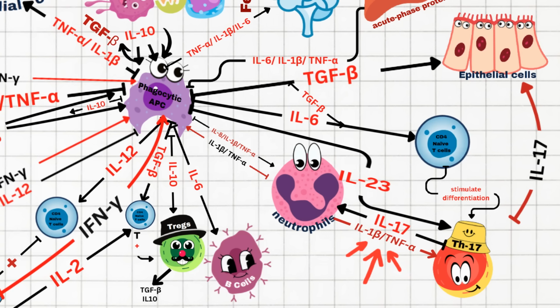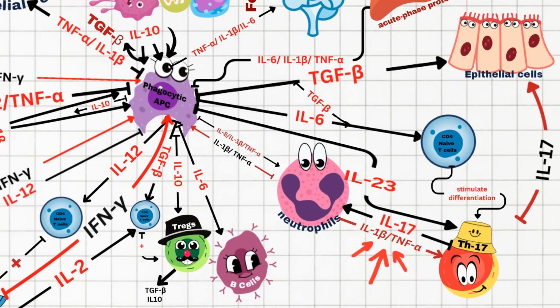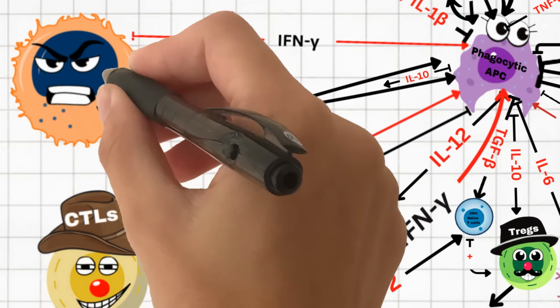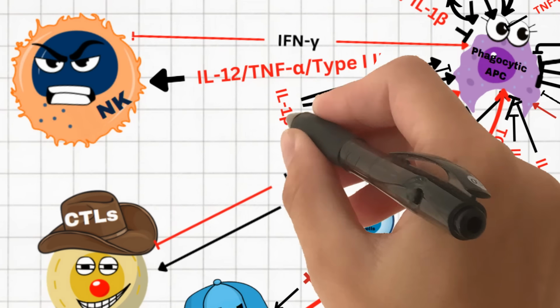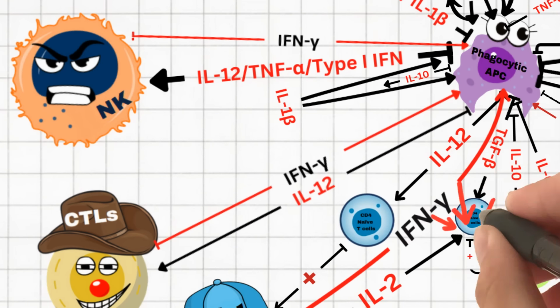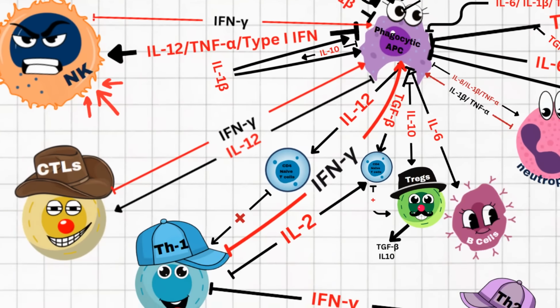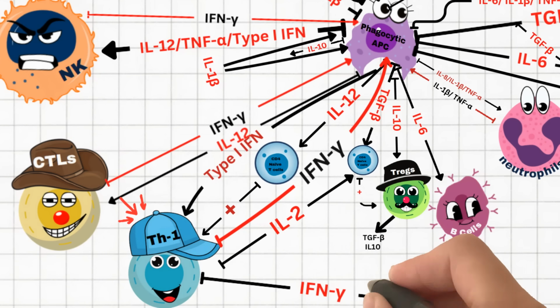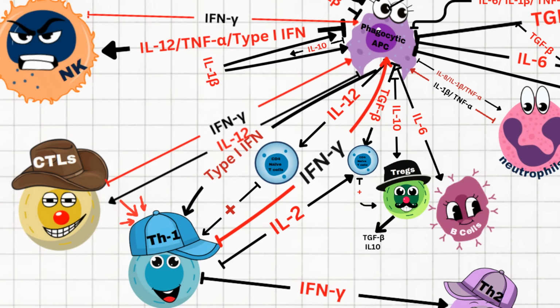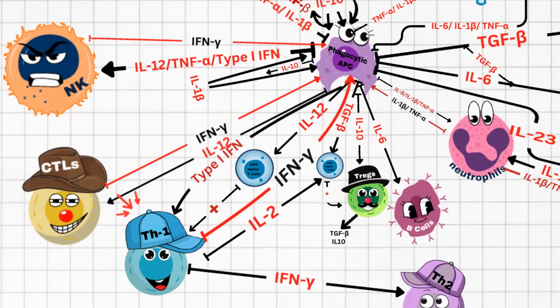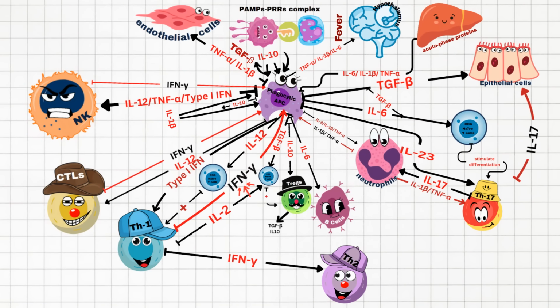In addition, dendritic cells specifically release type 1 interferons, interferon alpha and interferon beta, to natural killer cells to enhance their activity, and to T helper 1 cells to boost their mediated immune response, which is crucial for fighting viral infections and intracellular pathogens. In response, both natural killer cells and T helper 1 cells secrete interferon-γ, which we previously discussed its role.